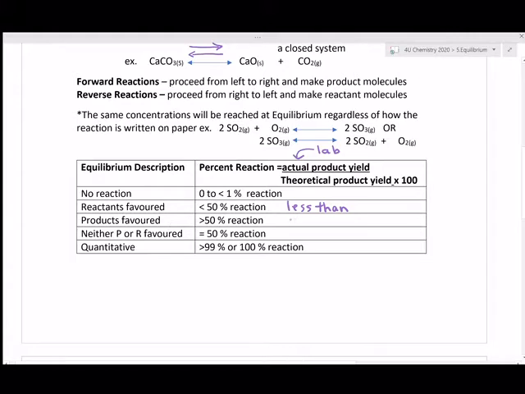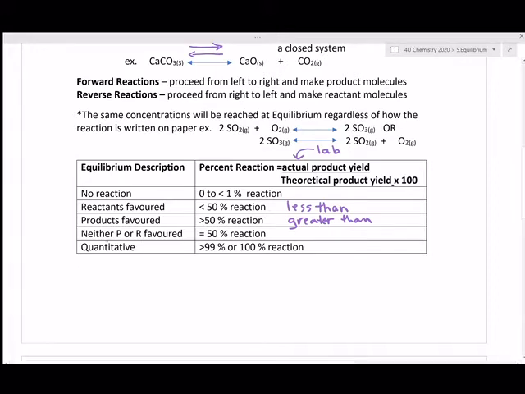If you are greater than 50%, it's product favored. Now, if your percent reaction ends up being exactly 50%, then you're just right in the middle. It's not favoring either. You're getting half reactants, half products.